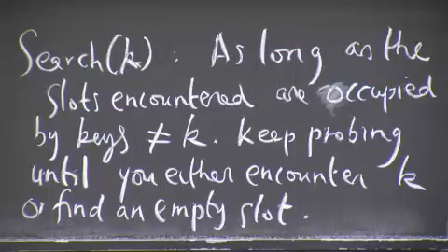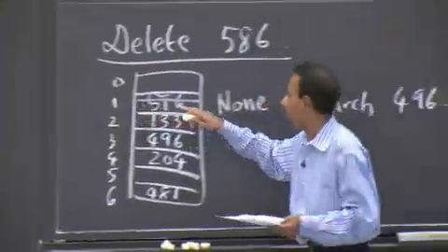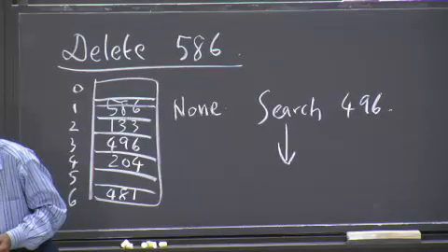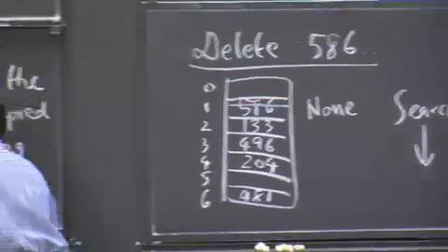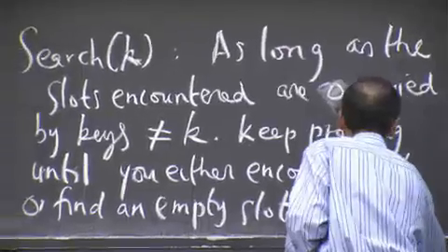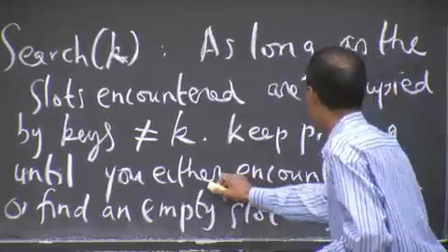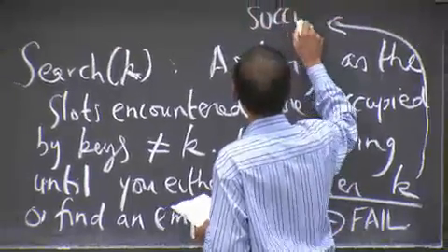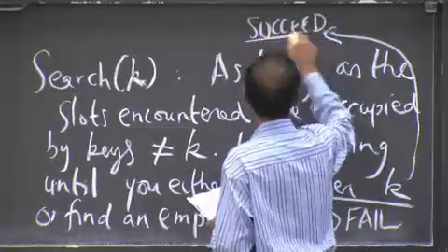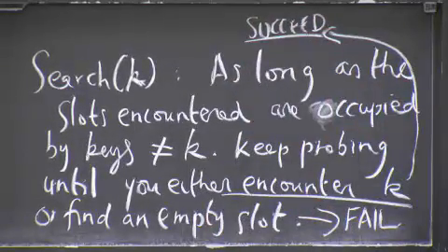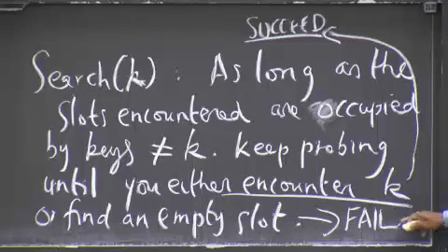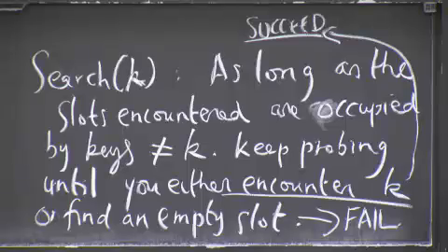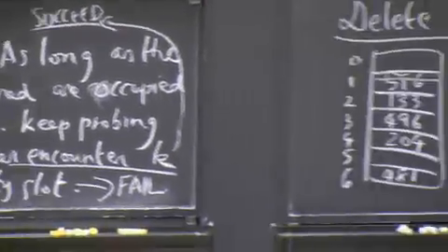Well, the first slot I'm going to look at is 1, and according to this search algorithm, I find an empty slot, right? And when I find an empty slot, I'm going to say I failed in the search. If you encounter K, you succeed and return the key value pair. Success means you return the value. And if you encounter an empty slot, it means that you've decided that this key is not in the table, and you say, couldn't find it.